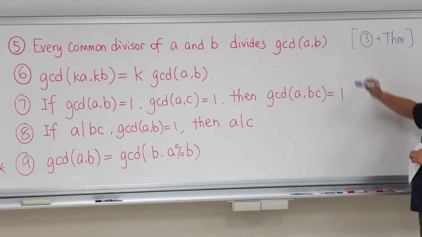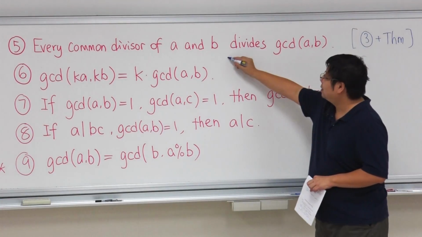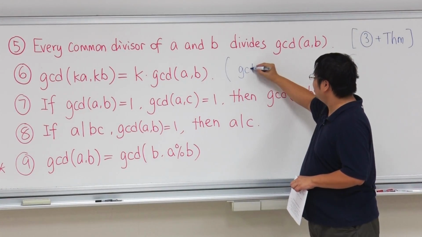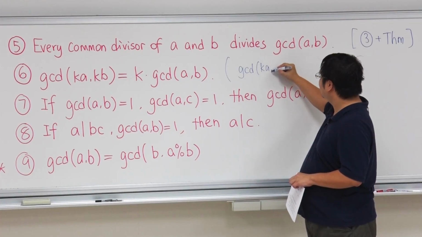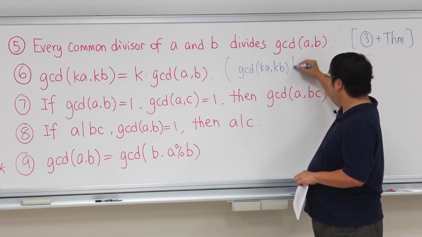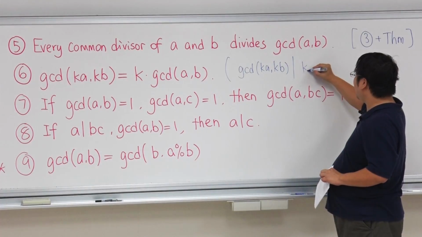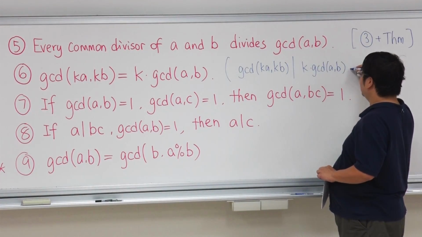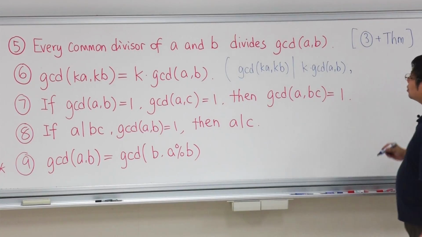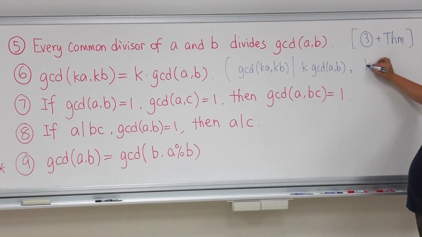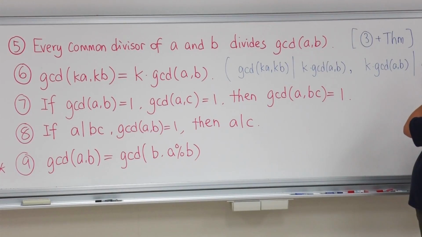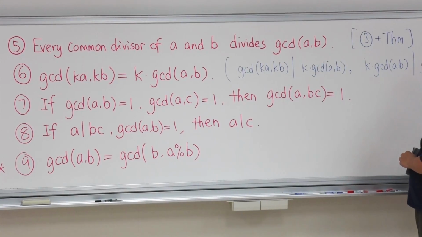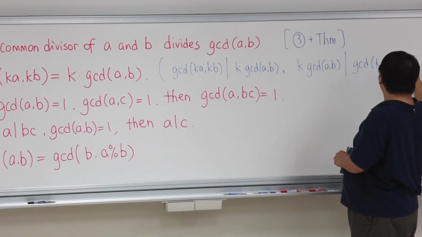To prove this, we want to show that the GCD of Ka, Kb divides K times the GCD of A and B. We also want to show the vice versa: K times the GCD of A and B divides the GCD of Ka, Kb.